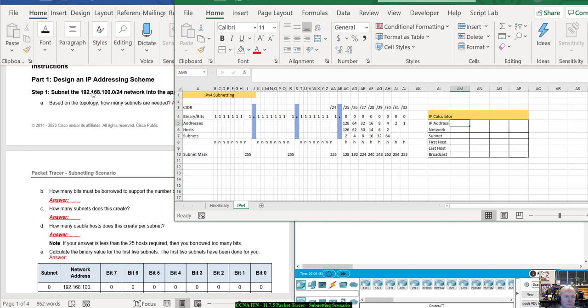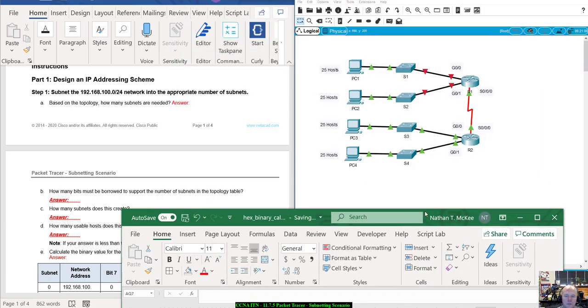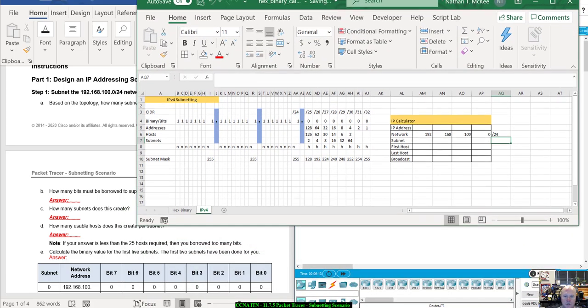Now the network we know we're going to be using is 192.168.100.0 with the /24. We need at least 4 subnets with 25 hosts each.